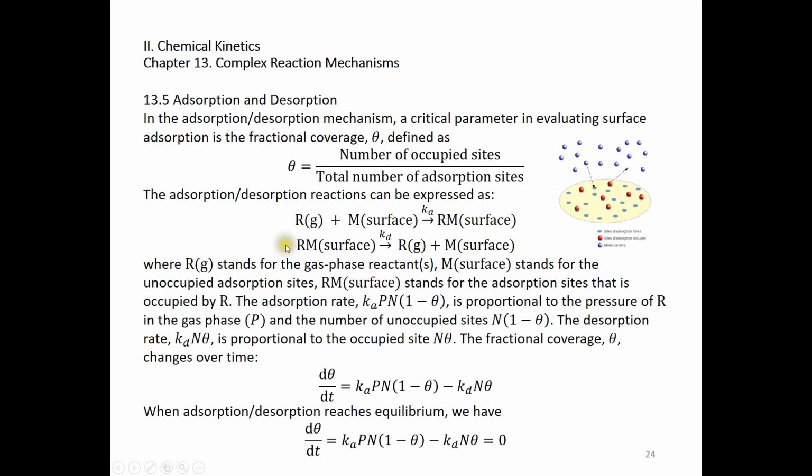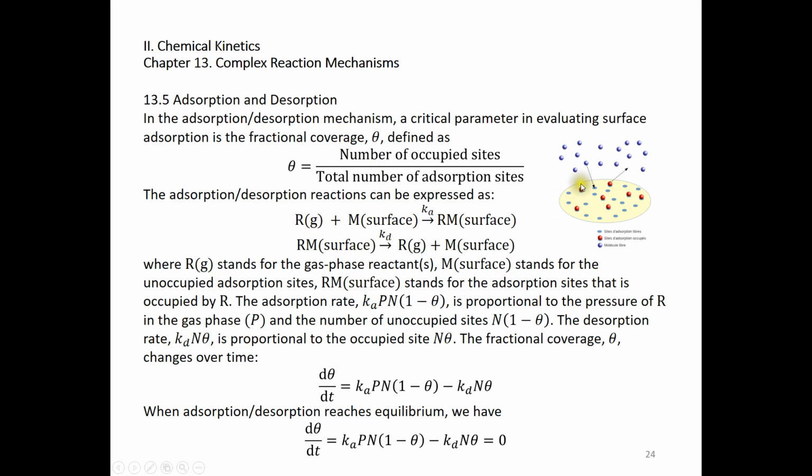At the same time, this RM, this adsorbed species, may undergo desorption to form R and an unoccupied site again. So these two equations can be used to describe the adsorption desorption mechanism.